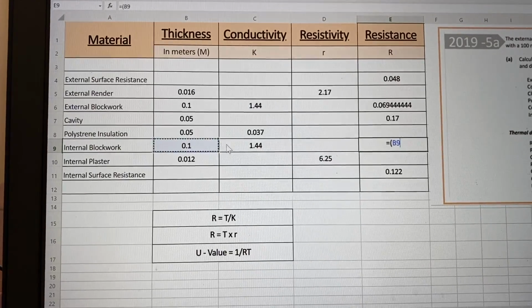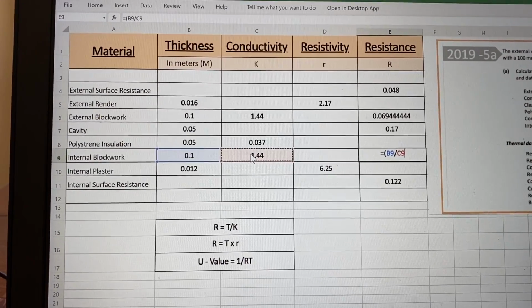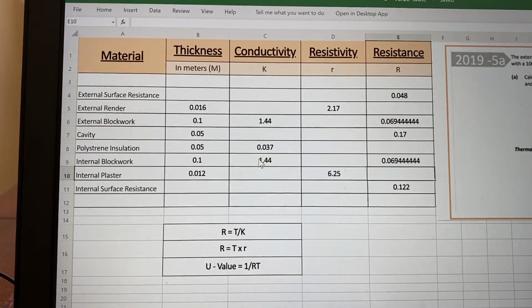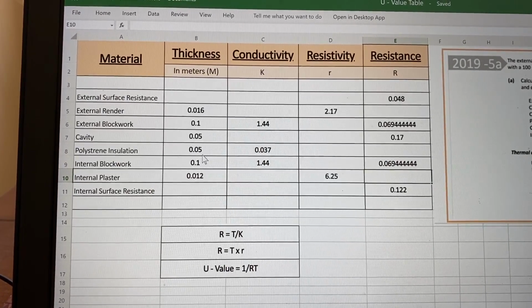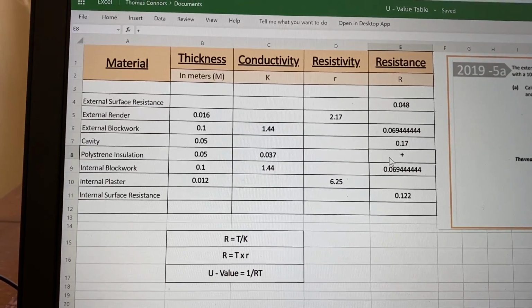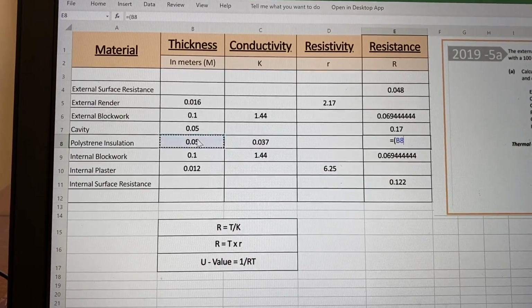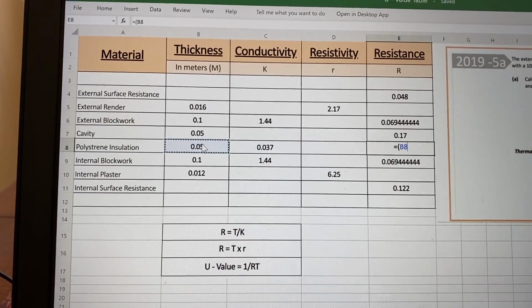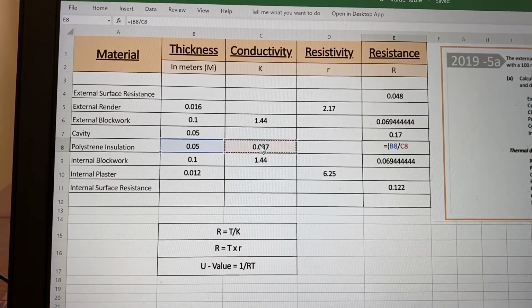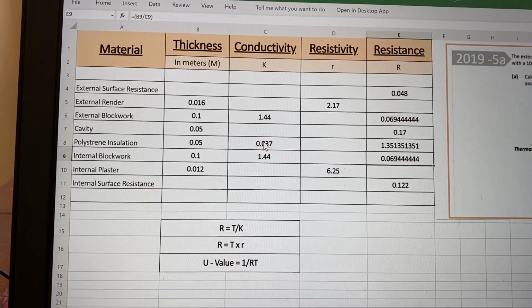So it's 1 divided by, as you can see, now it's the polystyrene. The same thing, I just click it. So it's 0.05 divided by 0.037, and I get that value.